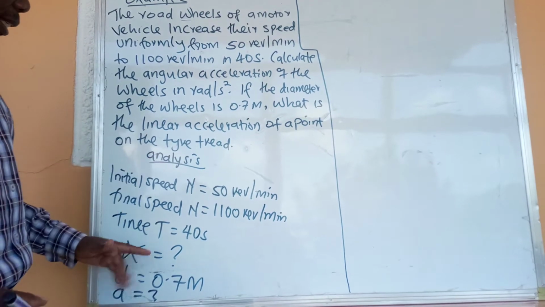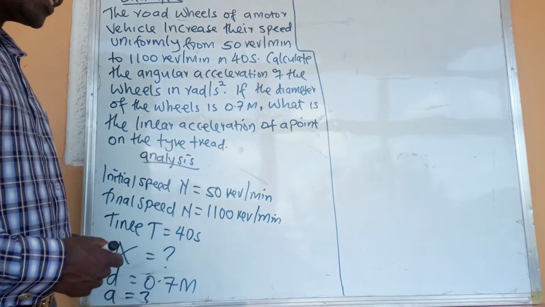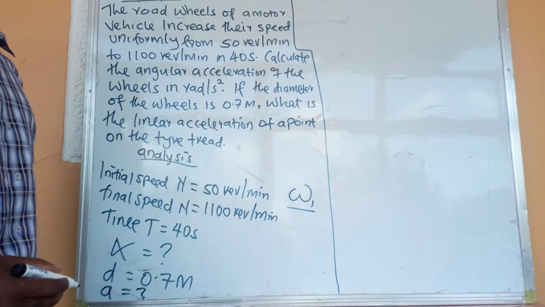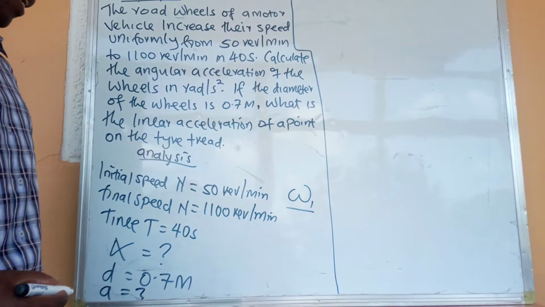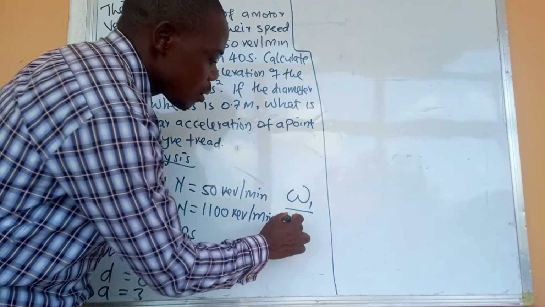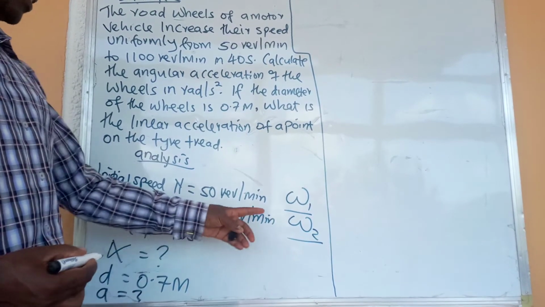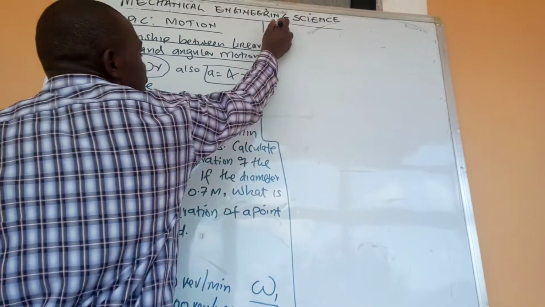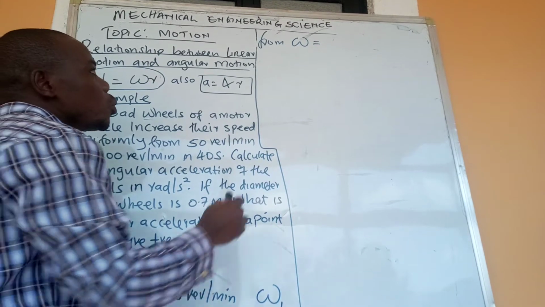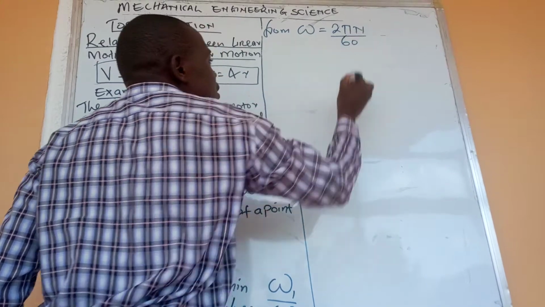From this, we can use the speed to calculate the initial angular velocity omega 1, and from the final speed we can get the final angular velocity omega 2. We get this from the relationship that angular velocity omega is equal to 2 pi n over 60.